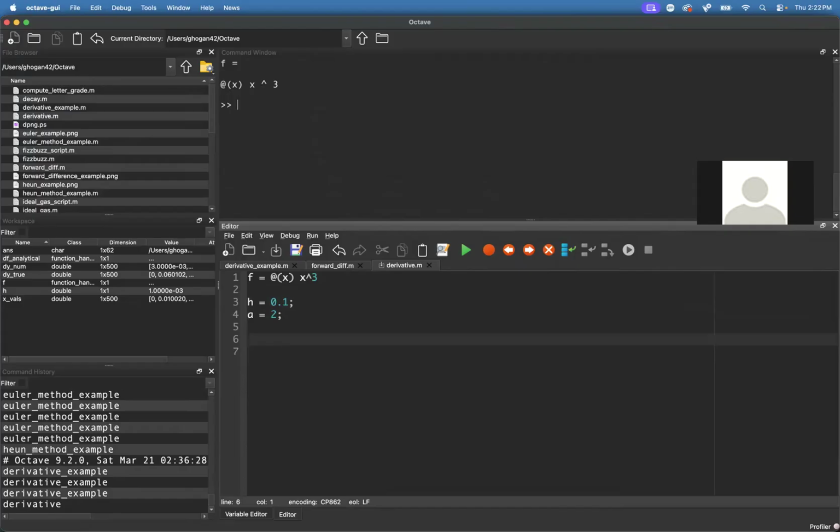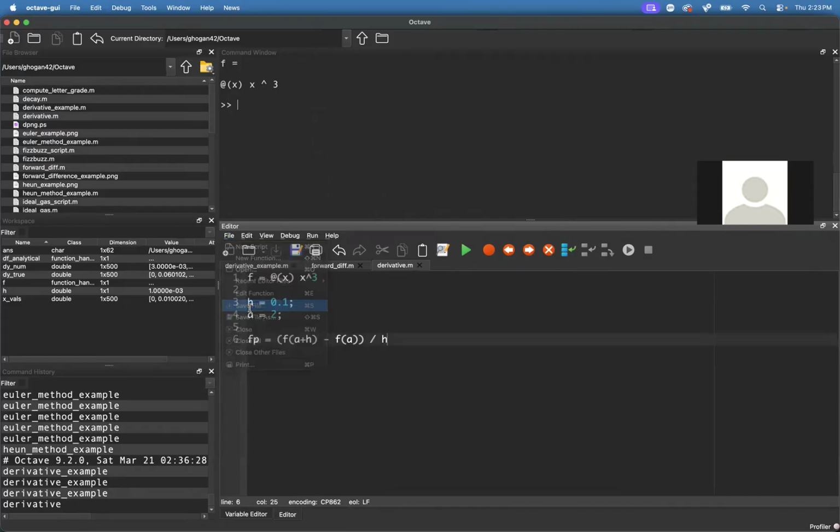And then I calculate this, I'll say fp for f prime. And if I do f of a plus h minus f of a divided by h, then that should be approximately equal to the derivative.